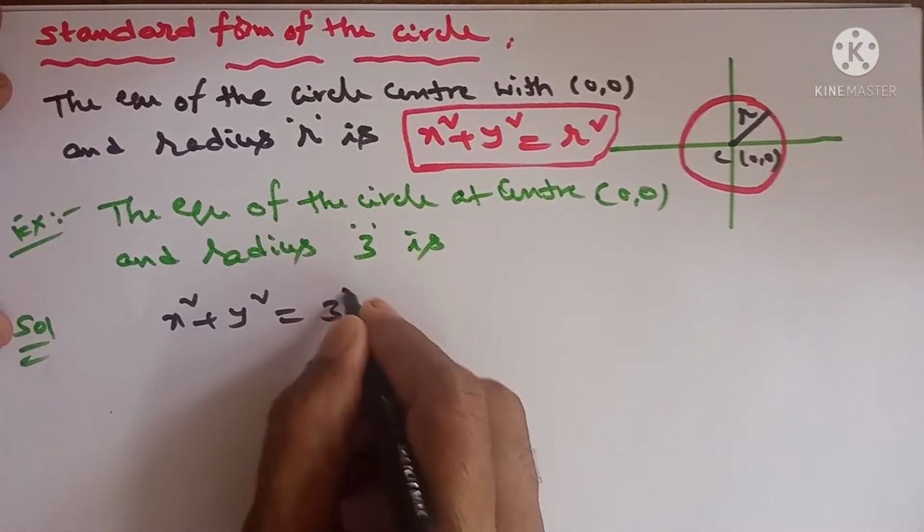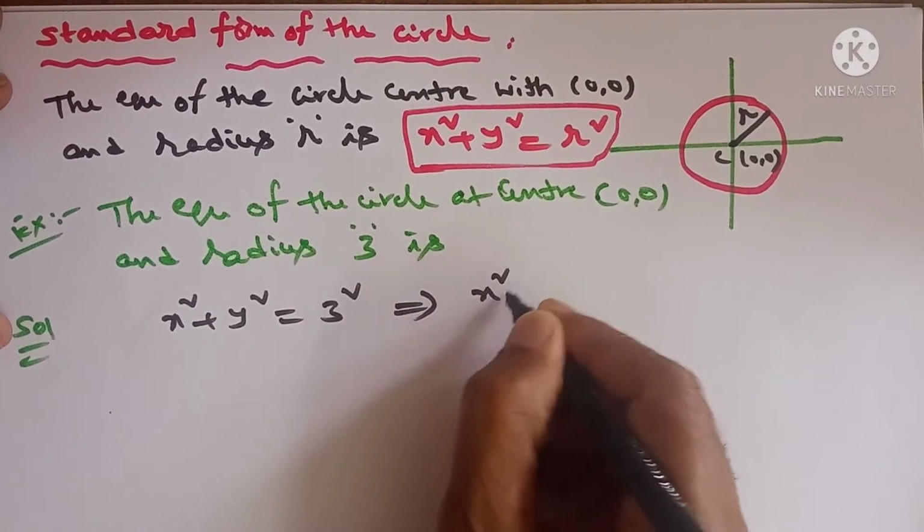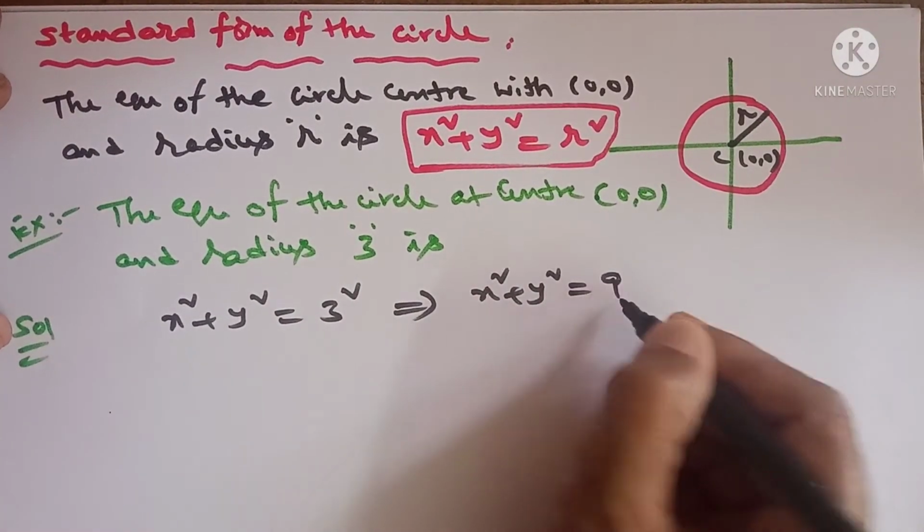R square means 3 square. That implies x square plus y square is equal to 9.